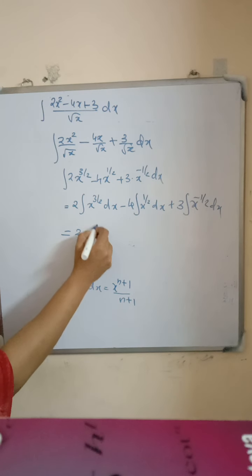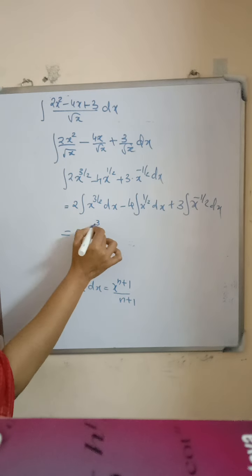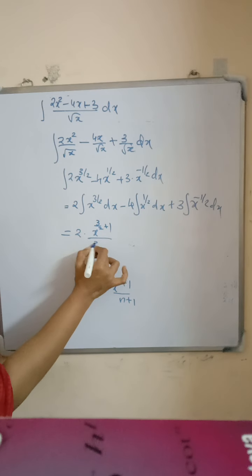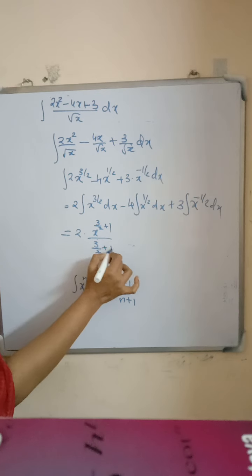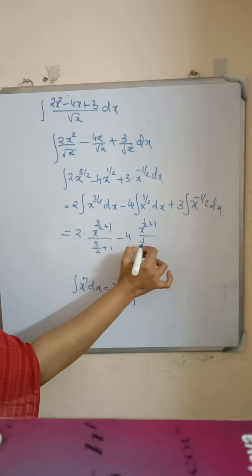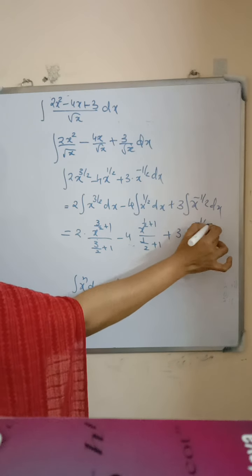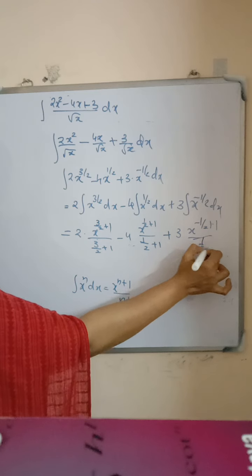So here it is 2 into x raised to 3 by 2 plus 1 by 3 by 2 plus 1, minus 4 into x raised to half plus 1 by half plus 1, plus 3 into x raised to minus half plus 1 by minus half plus 1.